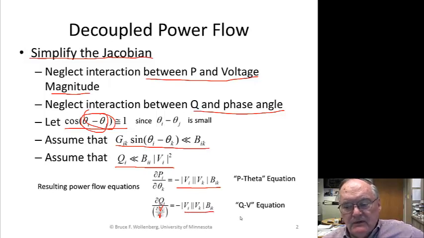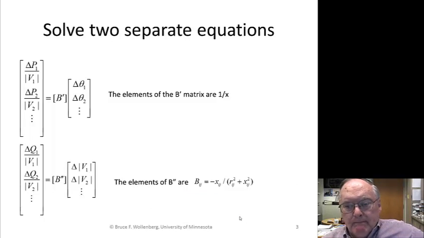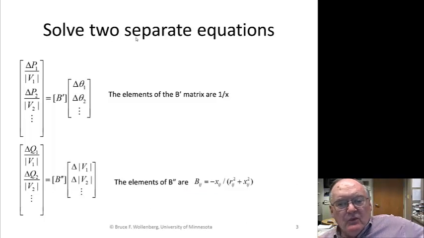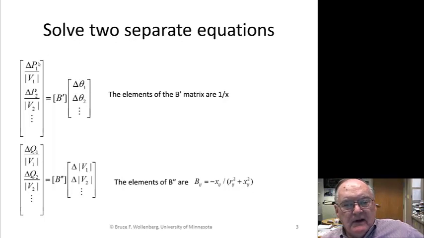Now that's the QV equation. Now when we rework these equations by dividing the delta P by V at its bus and so forth, we get an equation here where this matrix is called B prime and is a constant matrix.